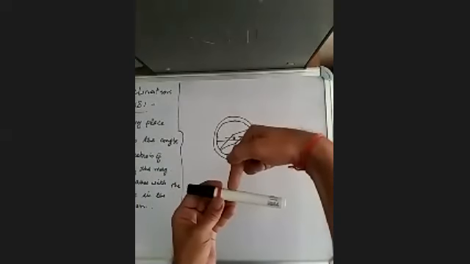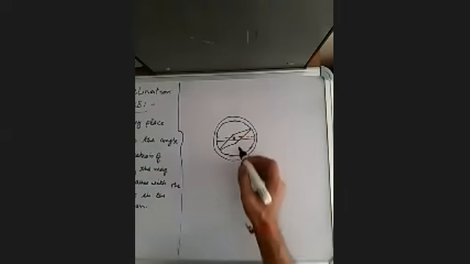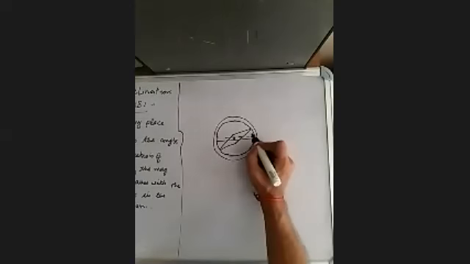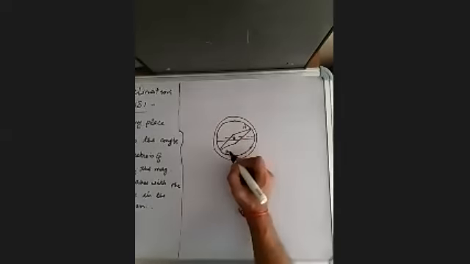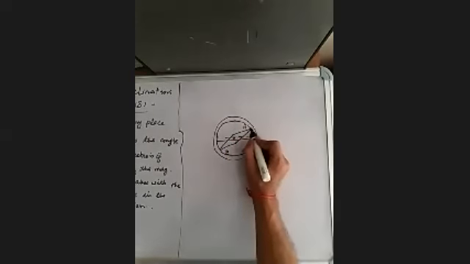The pivot is horizontal, but the needle is in a vertical plane. Let us say this is north and this is south, and NS is the magnetic needle that is pivoted on a horizontal axis at the center of a vertical scale. So this is your vertical scale.